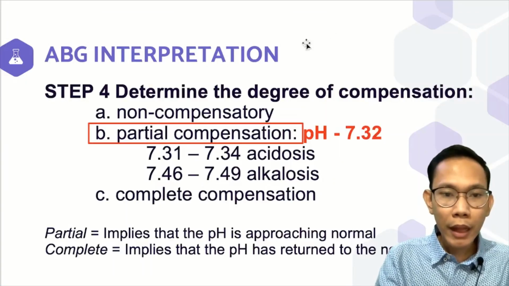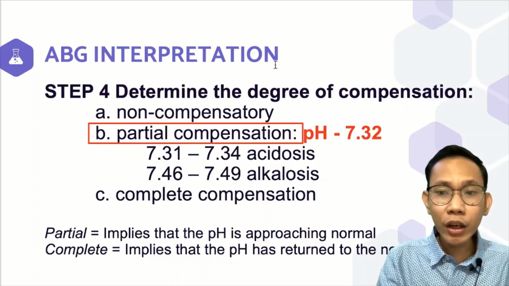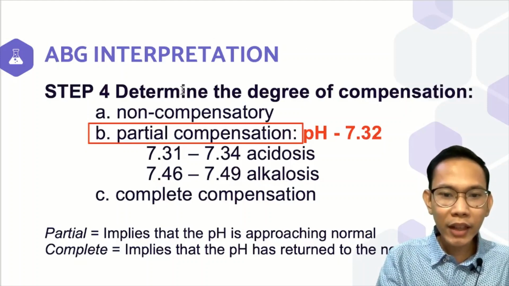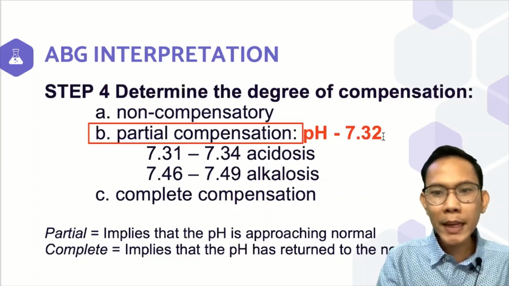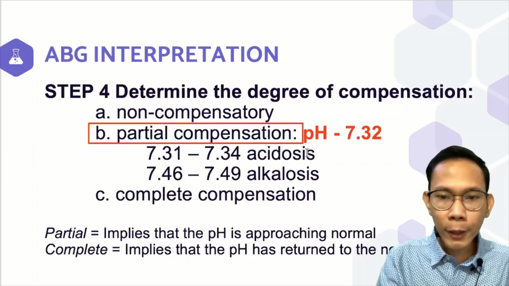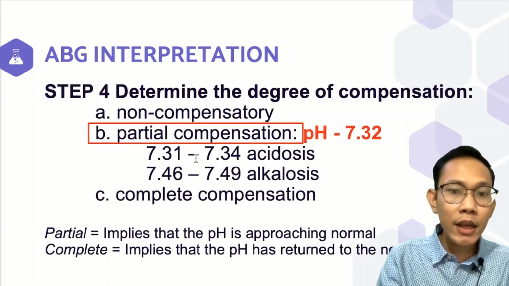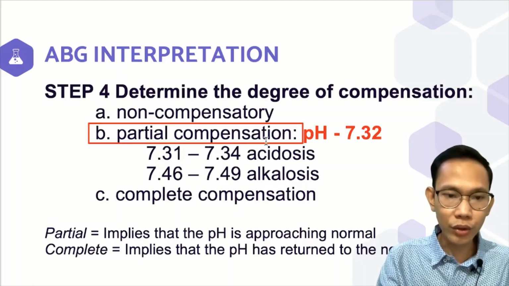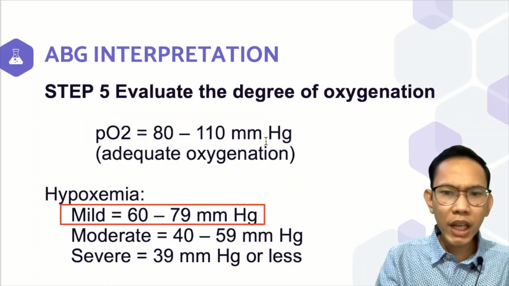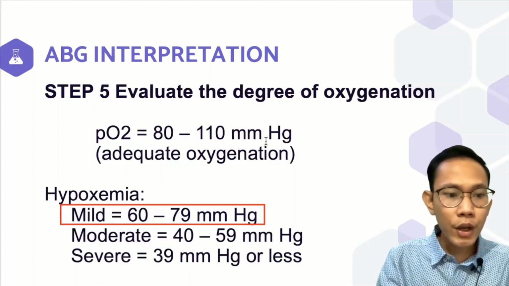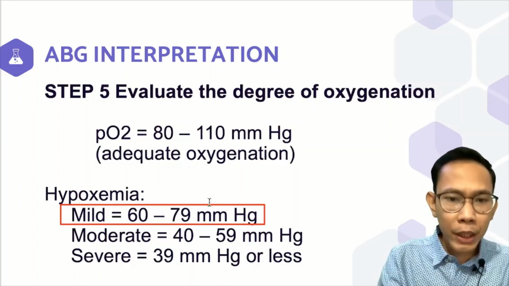Very good. Step 4, determine the degree of compensation. So again, non-compensatory, partial compensation, or complete compensation. Again, going back sa ating patient, pH niya is 7.32. So therefore, nandito yung 7.32 sa acidosis natin, it's partial compensation. Evaluate the degree of oxygenation. Of course, you will have to check the PO2 level.